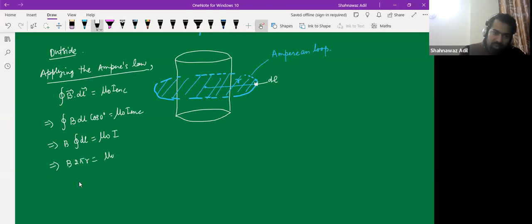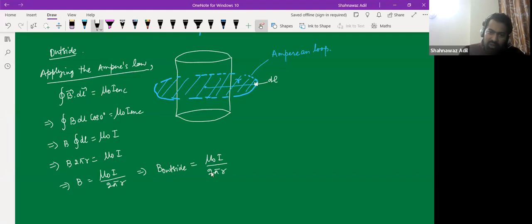And this is mu naught I. So what would be B? B would be simply mu naught I by 2 pi r, right? So remember, this is the magnetic field outside. This is mu naught I by 2 pi r.